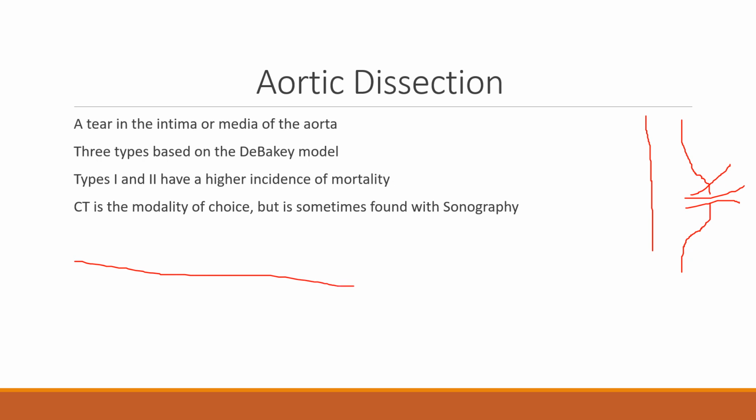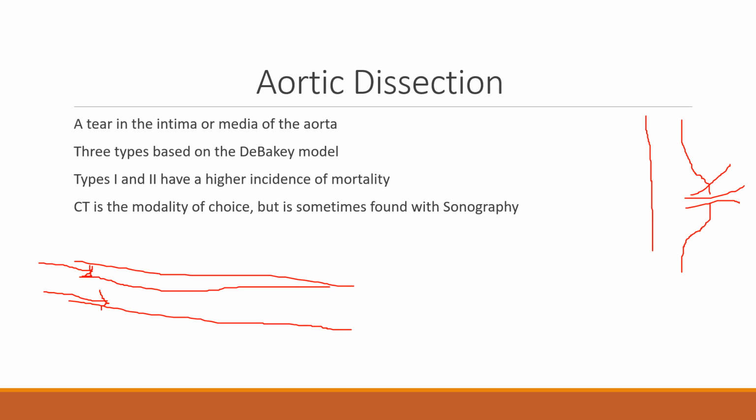Okay, with a dissection, there's 3 layers in there, remember? And what happens is you get this tearing away of the inner layer of the aorta. So now as blood is flowing this way, it flows between the aorta inner layer and outer layer.